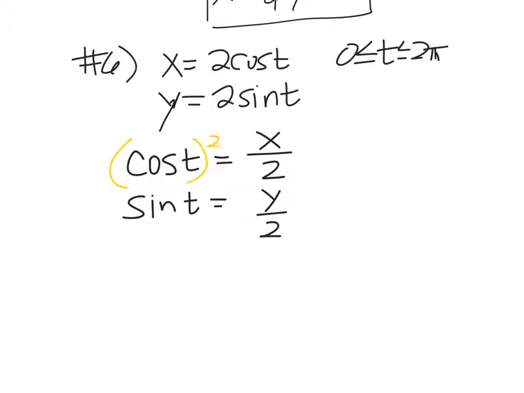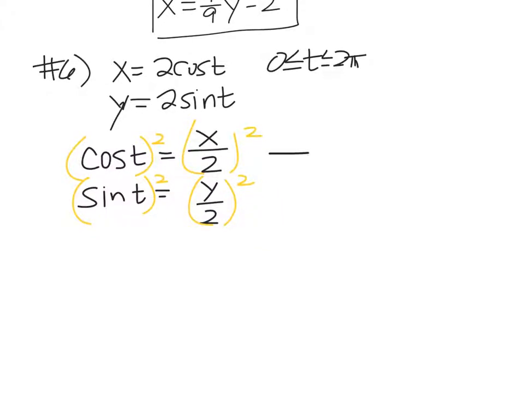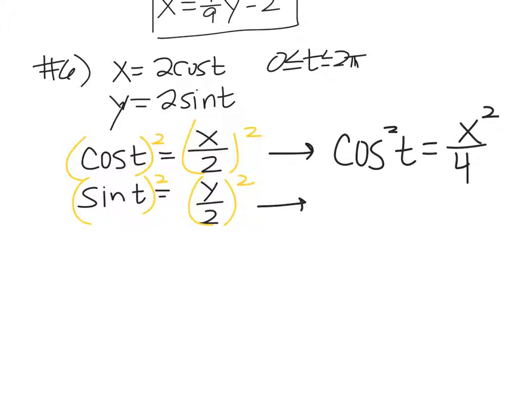Since it's an equation, we do to one side what we do to the other. So I end up with cosine squared t equals x squared over 4, and sine squared t equals y squared over 4.